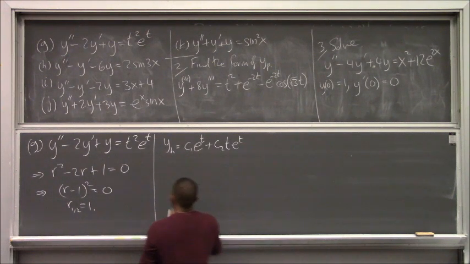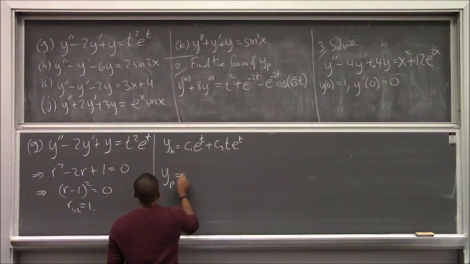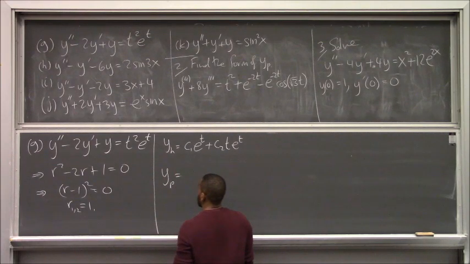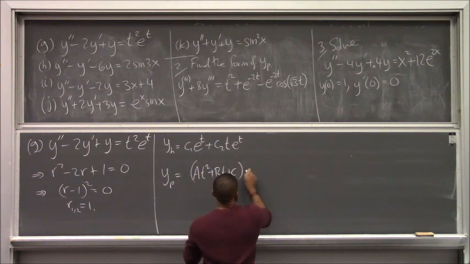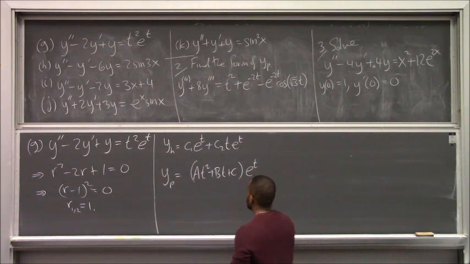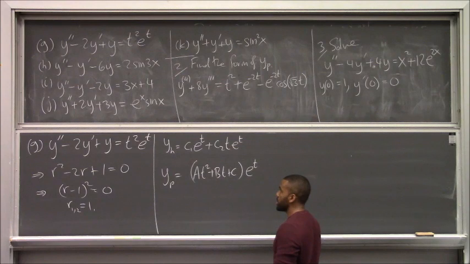Particular. Alright, so we're going to choose yp. How is it chosen? The polynomial is second degree, so at squared plus bt plus c times e to the t. But now you have to check, is there any overlap?